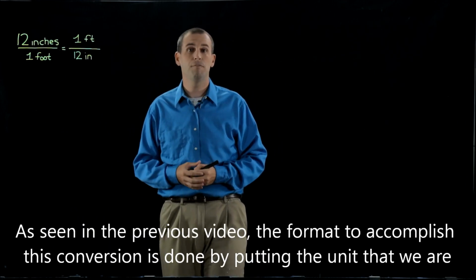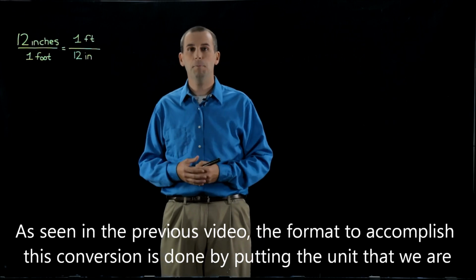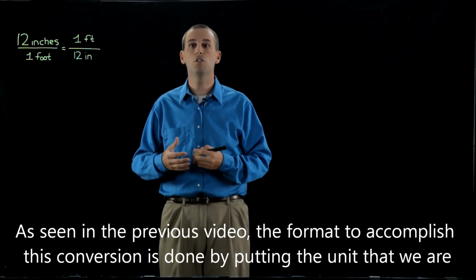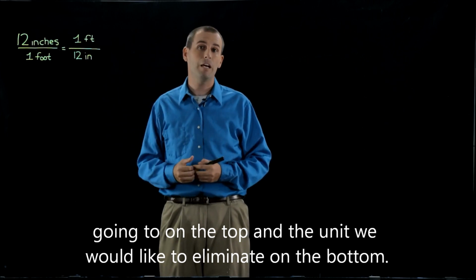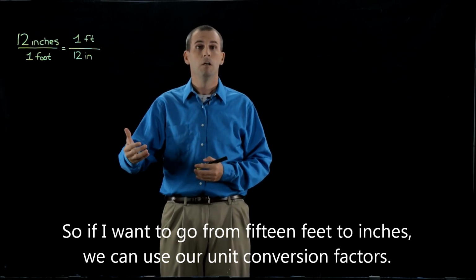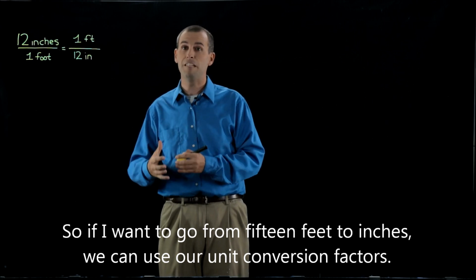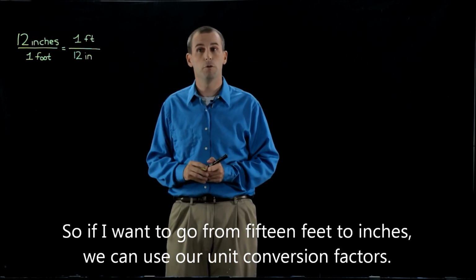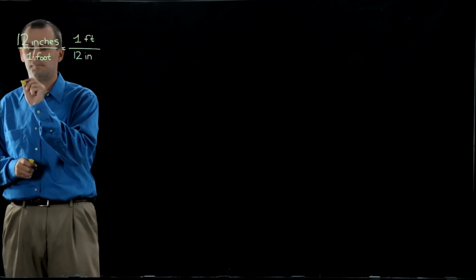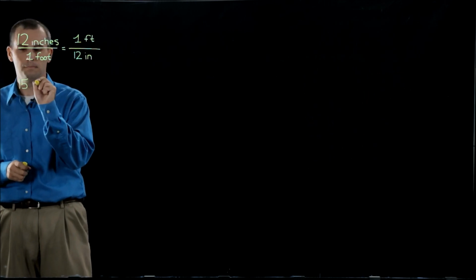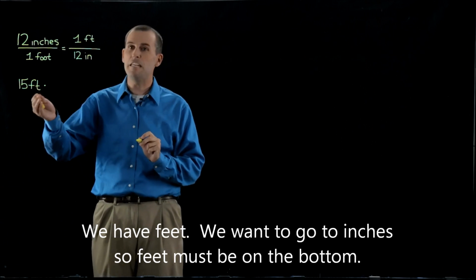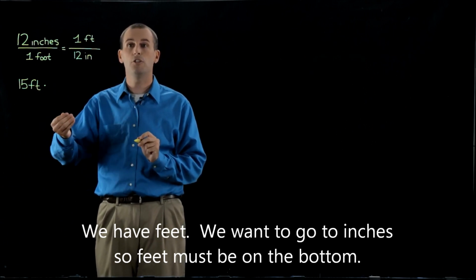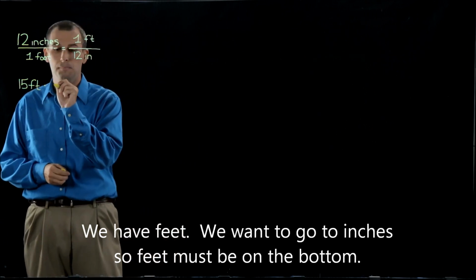As seen in the previous video, the format to accomplish this conversion is done by putting the unit that we are going to on the top and the unit we would like to eliminate on the bottom. So if I want to go from 15 feet to inches, we can use our unit conversion factors. We have feet. We want to go to inches, so feet must be on the bottom.